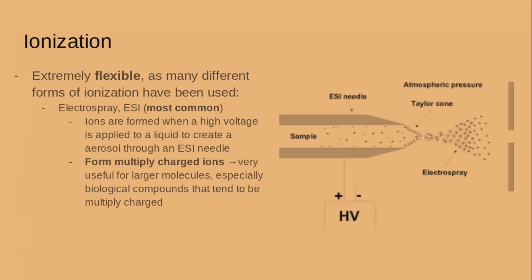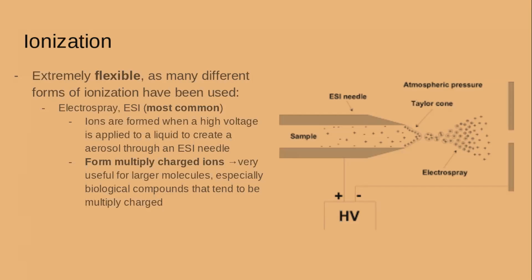So in terms of ionization, like I said, it's extremely flexible. Different ionization techniques can be used, but electrospray is the most common, which we've talked about. Liquid is sent through the ESI capillary, and when a voltage is applied, it generates an aerosol in which the ions can be formed. What's great about ESI is it can form multiply charged ions, which not all ionization techniques can do. And because a lot of the samples typically run with FTICR are large, it's great that they can form multiply charged ions.